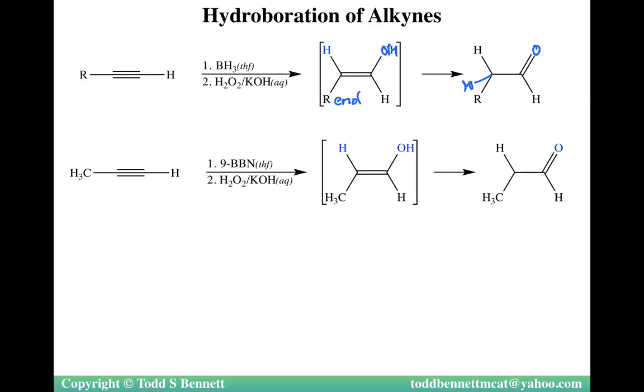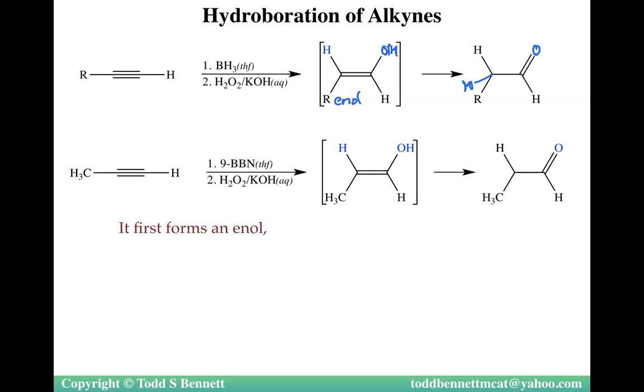So chemists figured, why go through the first 2 additions when the third one's the most selective? So 9-BBN, 9-borabicyclononane. Basically, it's a boron that only has one H attached.